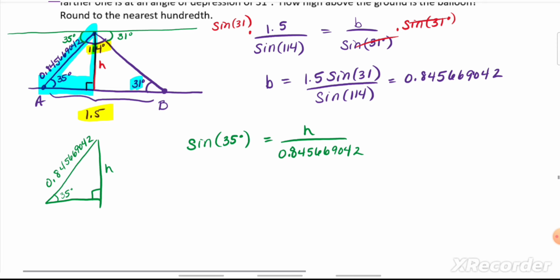And then to solve for h, we simply need to multiply both sides by that 0.845669042.